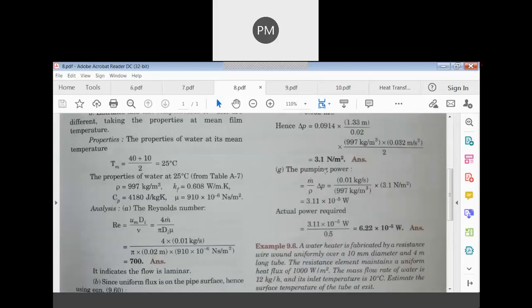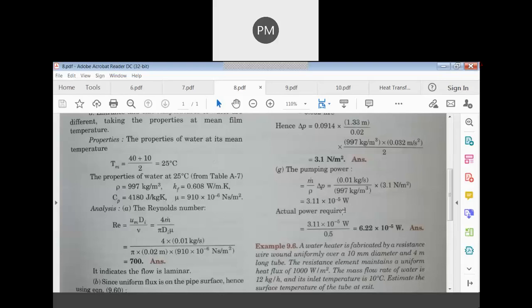Once you got this pressure drop, pumping power is nothing but volumetric flow rate into pressure drop. The volumetric flow rate, how will you obtain? Density is mass by volume, or volume is mass by density. So mass flow rate, density, pressure drop, you can just substitute and get the value.